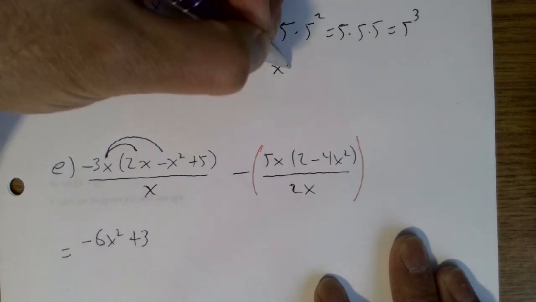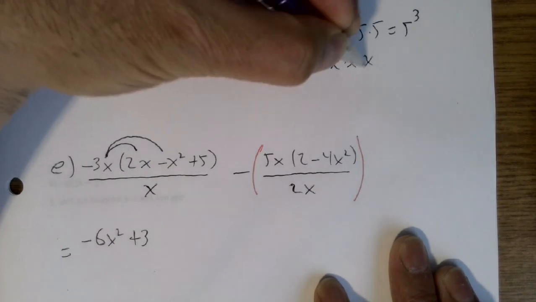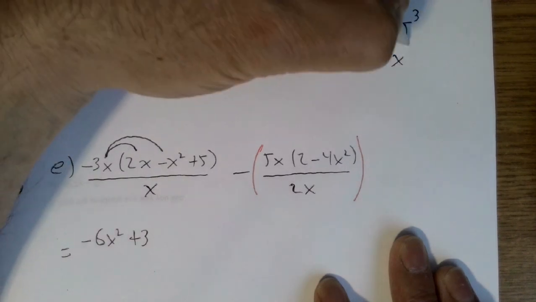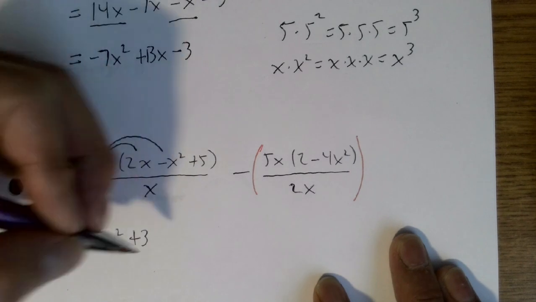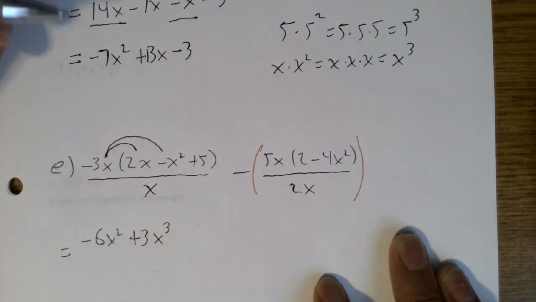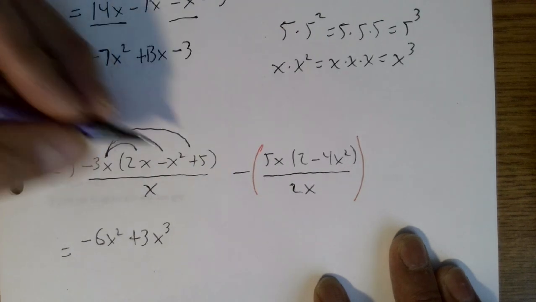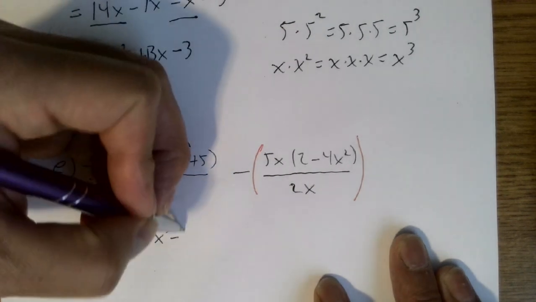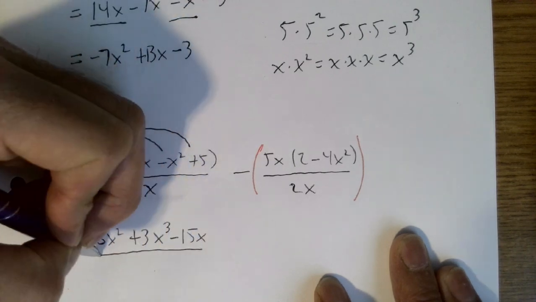We can go x times x squared equals x times x times x equals x to the power of 3. Okay, so that's going to be 3x cubed there, x to the power of 3. And then last one, negative 3x times 5 is going to be minus 15x. And then we also need to remember this is all still over x.